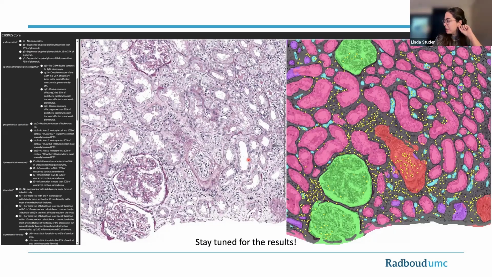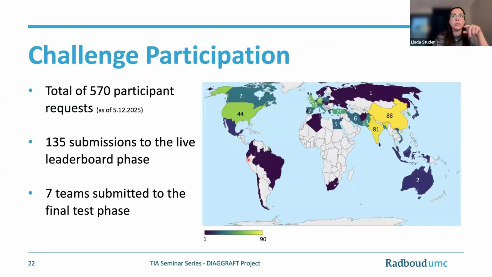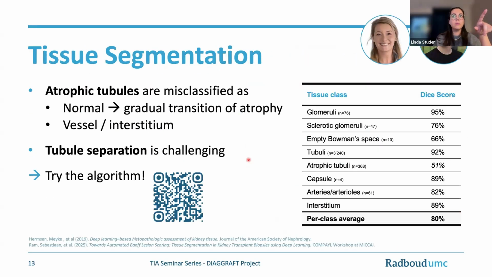I think there were teams, but I don't remember off the top of my head, that used some pre-trained backbones that they then fine-tuned. So actually, if I go back to the tissue segmentation, in this paper, Sebastian also tried to use SAMpath.